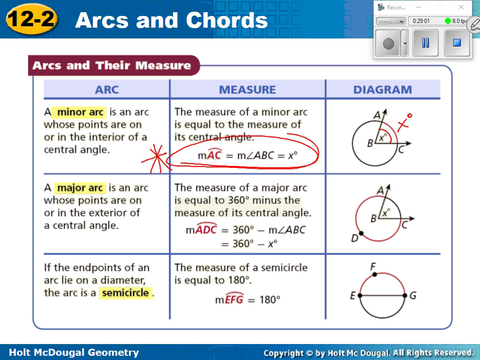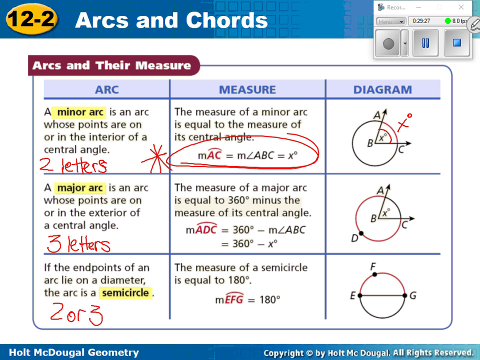Minor arcs are named with 2 letters. It's not writing very well, but you get the idea. 2 letters. Okay? How many letters do you think we'll use for a major arc? 3 letters. A semicircle can be named with 2 or 3.